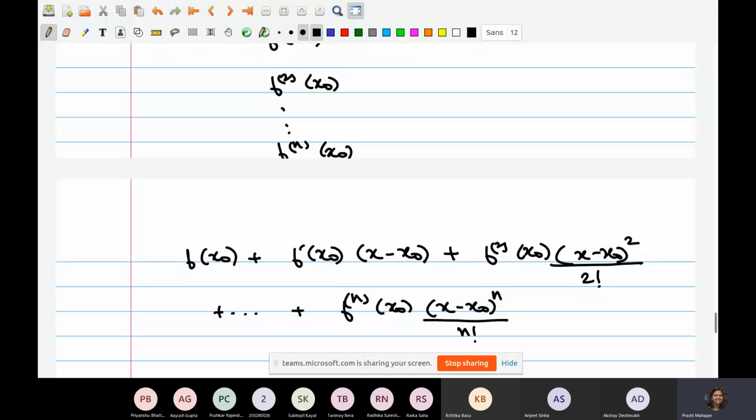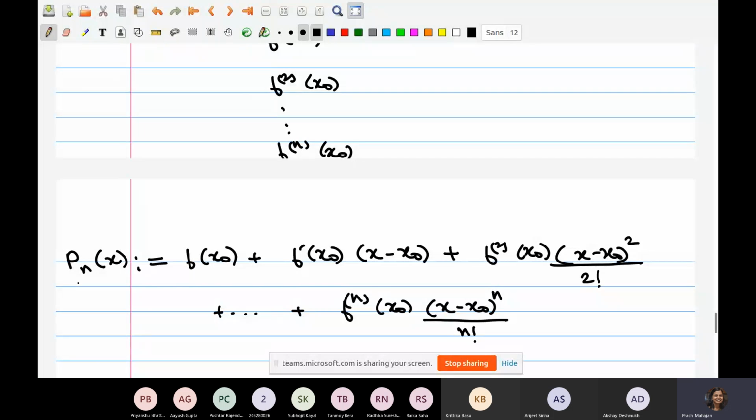Now this is a polynomial of degree n. I'm going to call it P subscript n. What is the property of this polynomial? A polynomial is infinitely many times differentiable, no problem.